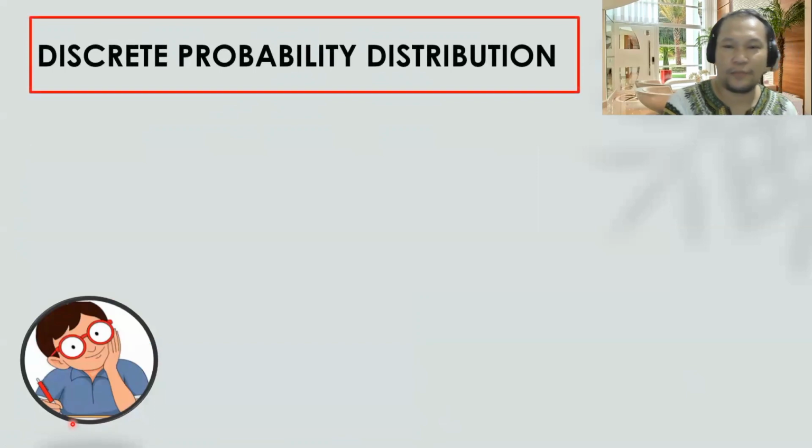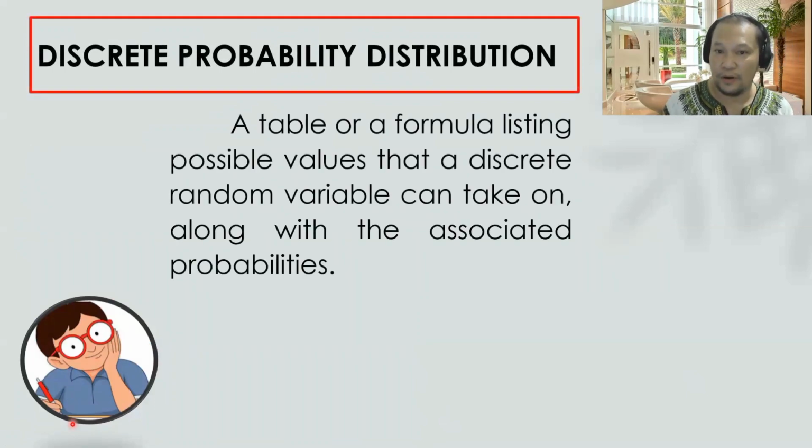Now, what is a discrete probability distribution? It is a table or a formula listing the possible values that a discrete random variable can take on, along with the associated probabilities. Meaning to say, there should be possible values coming from a discrete random variable, and it can be written in the form of a table or in the form of a formula, wherein there is a corresponding probability along with the given discrete random variable.